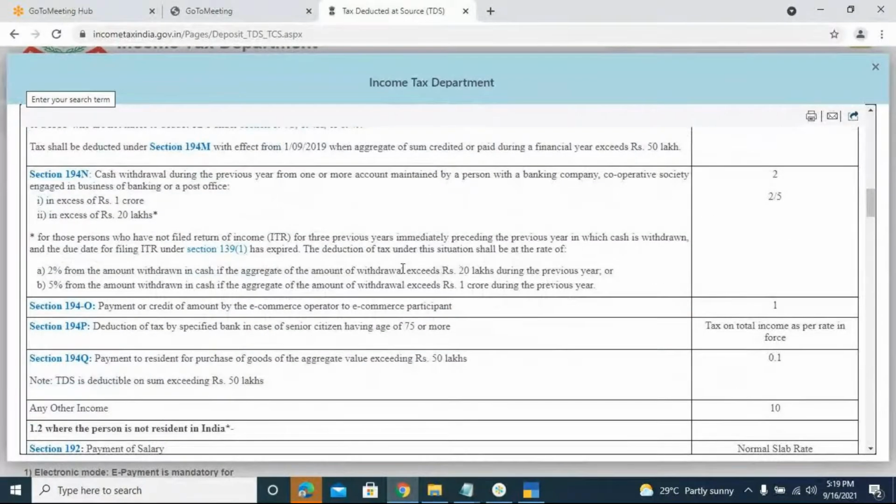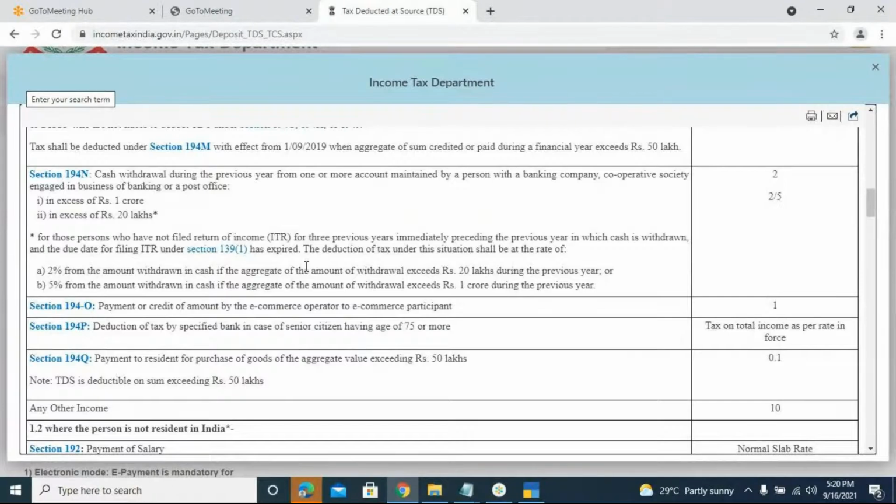Here also we have, most important, cash withdrawal during the previous year from one or more accounts maintained by a person with a banking company, cooperative society engaged in the business of banking, or a post office in excess of 1 crore. Suppose there is a withdrawal of more than 1 crore, or in excess of 20 lakhs, there also TDS will be levied.